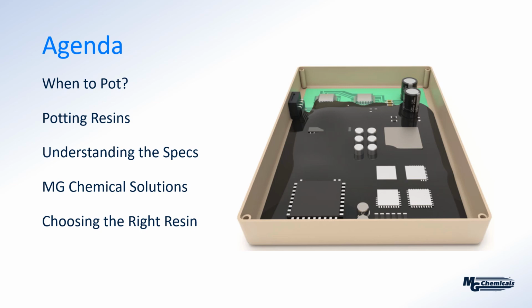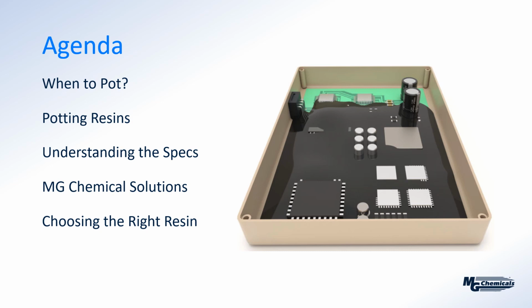And then the third one is a very encompassing sort of subset of this talk, understanding the specifications. And hopefully by the end of that, you'll be able to understand where the different chemistries line up in terms of how they're being used and what they can be applied, basically how they're specialized from one another.